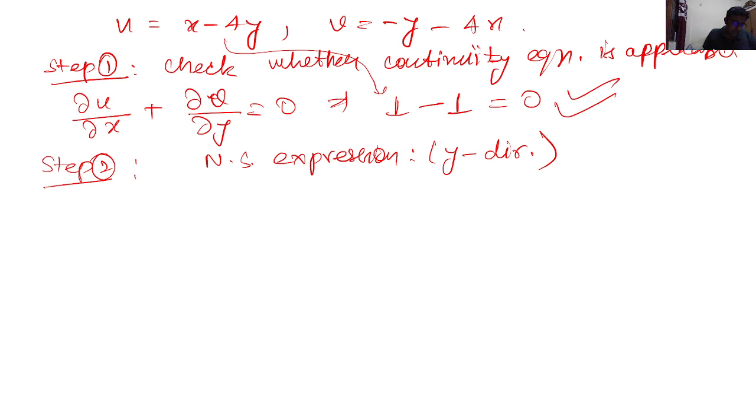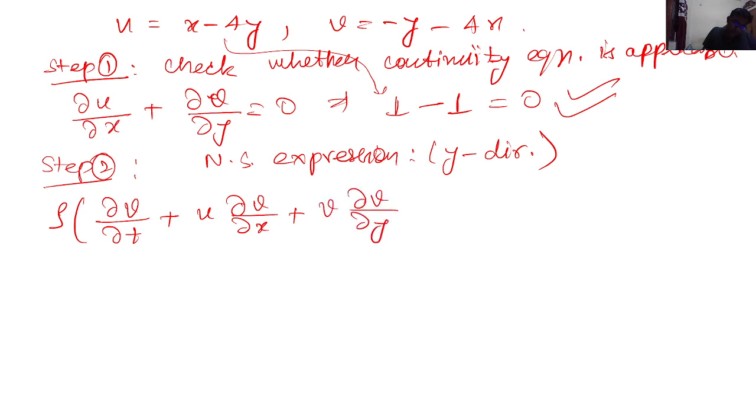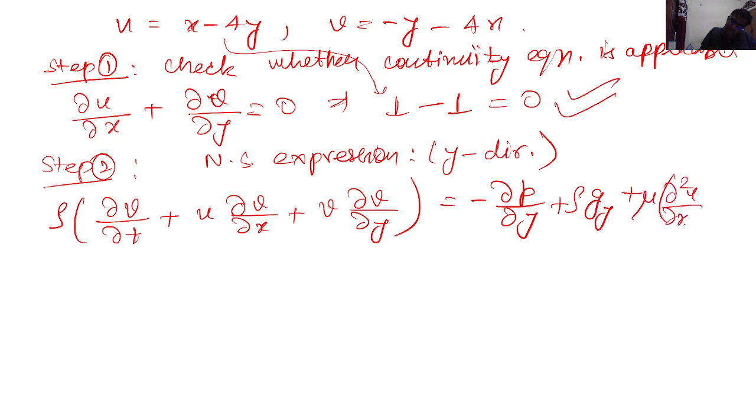It would look somewhat like this: del v by del t plus u del v by del x plus v del v by del y is equal to minus del p by del y plus rho gy plus mu times del 2 v by del x square plus del 2 v by del y square.